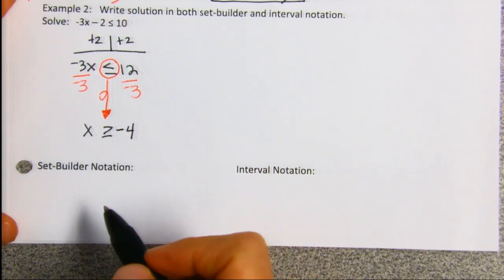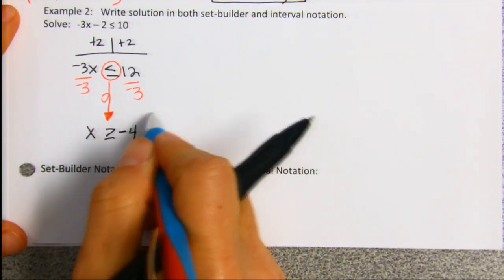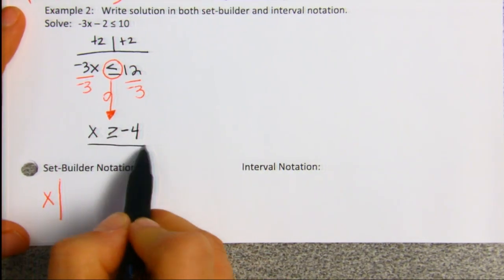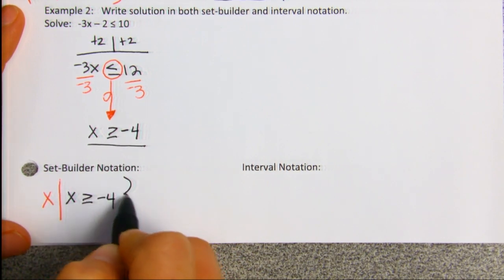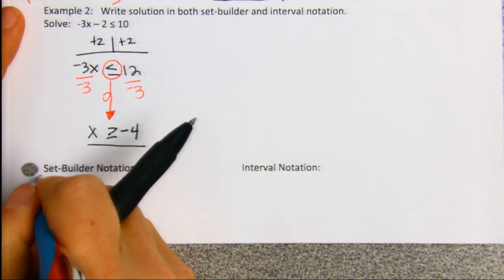Our set builder notation is really not something you'll be entering; you're just looking for the x and the straight line with this written: x is greater than or equal to negative 4, and then your little squiggly brackets. They will already be there.